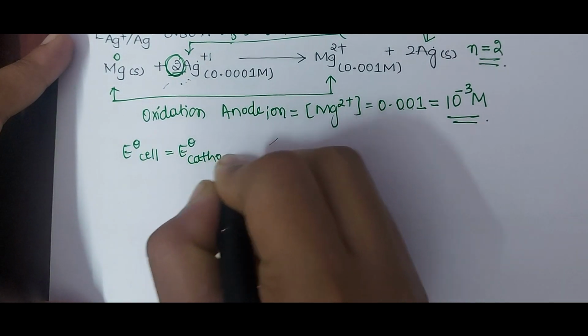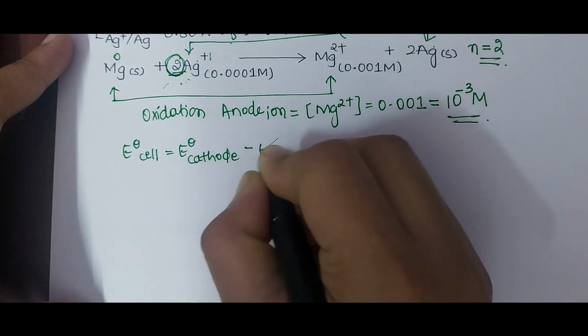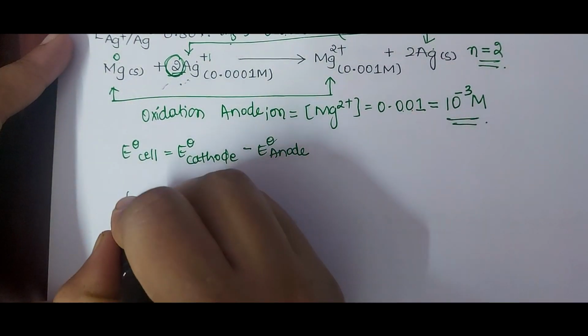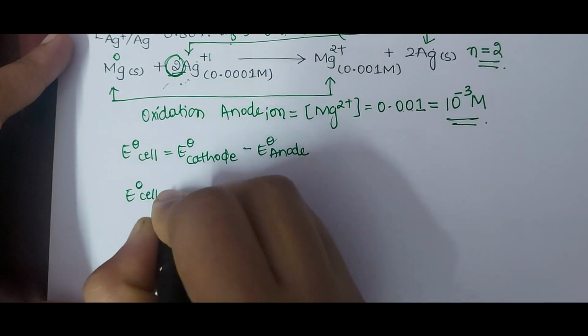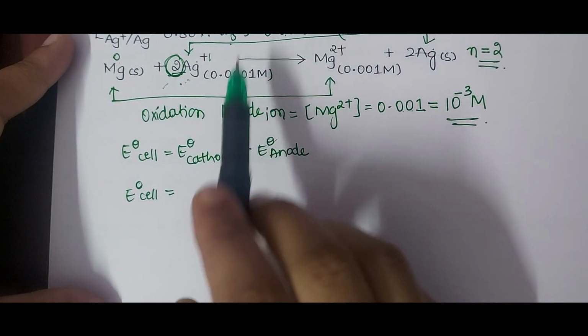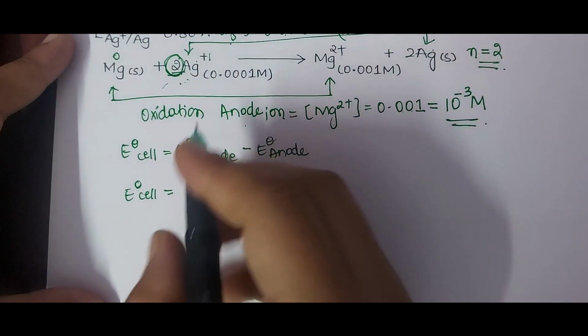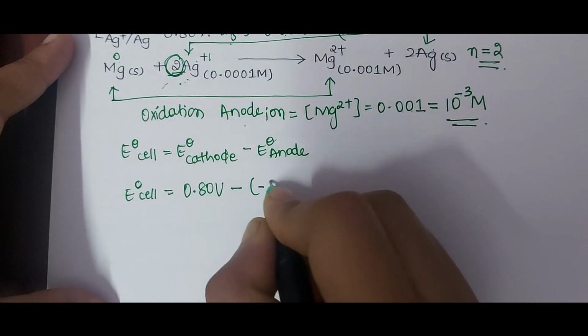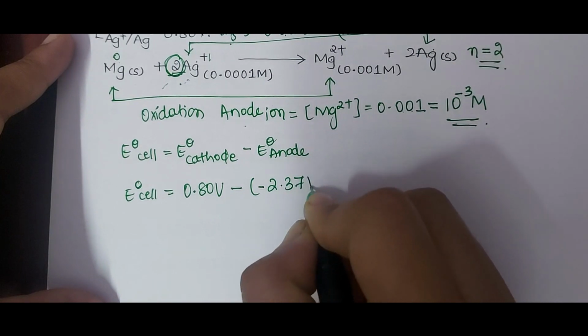We calculate it as E0 of cathode minus E0 of anode. So E0 cell equal to E0 of cathode, here magnesium is our anode, silver is cathode. What value is given for silver? 0.80 volt minus magnesium, minus of 2.37 volt.